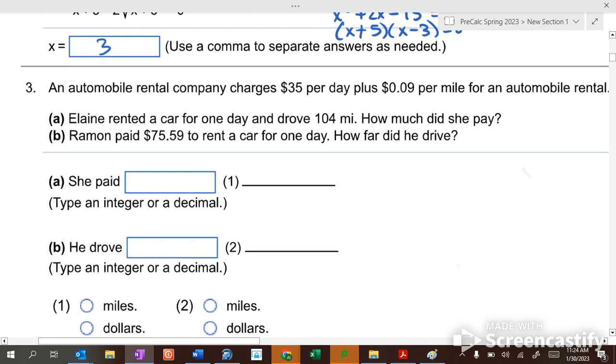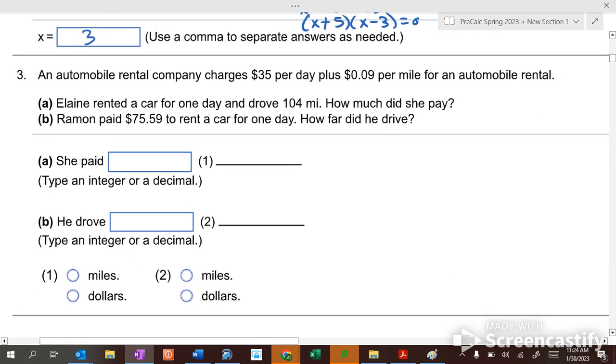Automobile rental company. Elaine rented a car for 1 day and drove 104 miles. How much must she pay? Well, $35 plus 104 times 0.09.